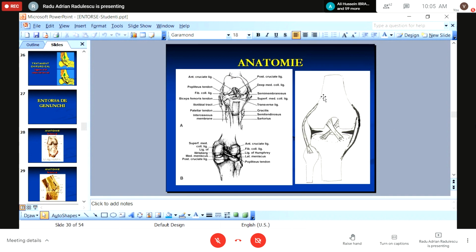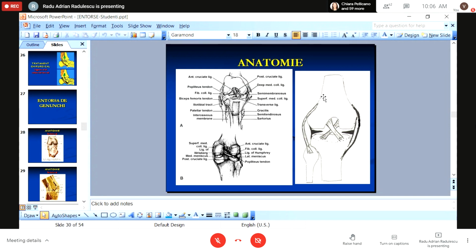In other words, the anterior cruciate ligament will prevent the tibia from displacing anteriorly, and the posterior cruciate ligament will prevent the tibia from displacing posteriorly. So, with these ligaments, the collaterals and the cruciates, then the knee is stabilized in all directions. In fact, the knee is a joint with only one range of motion, flexion and extension.